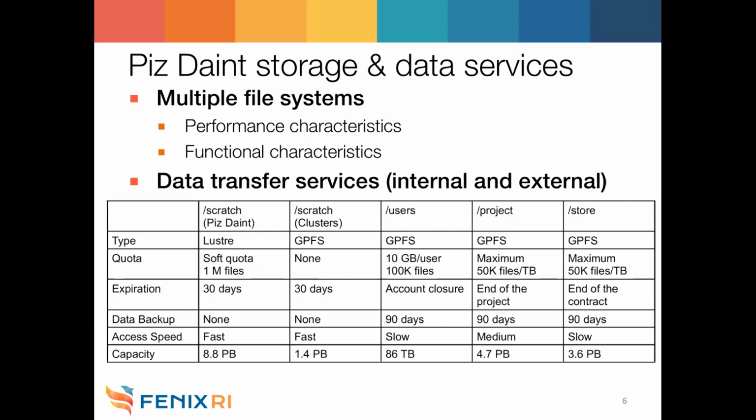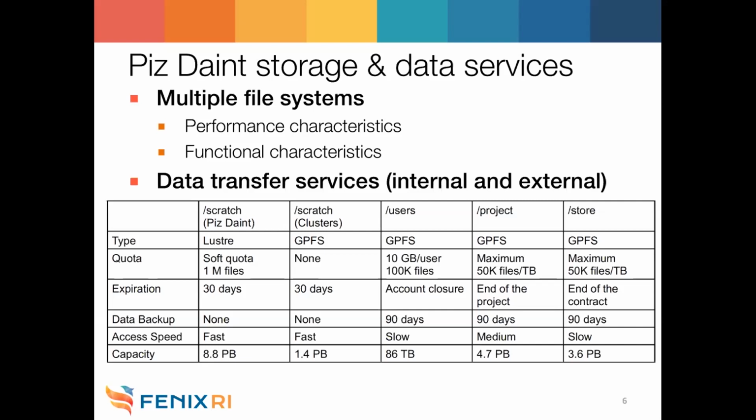The type, in terms of a parallel POSIX file system, is called Lustre. There is no quota in terms of capacity, but there is a quota in terms of how many small files a user can have, in terms of inodes. And this quota is enforced because the performance of Lustre could be quite adversely affected by a large number of small files in the system.